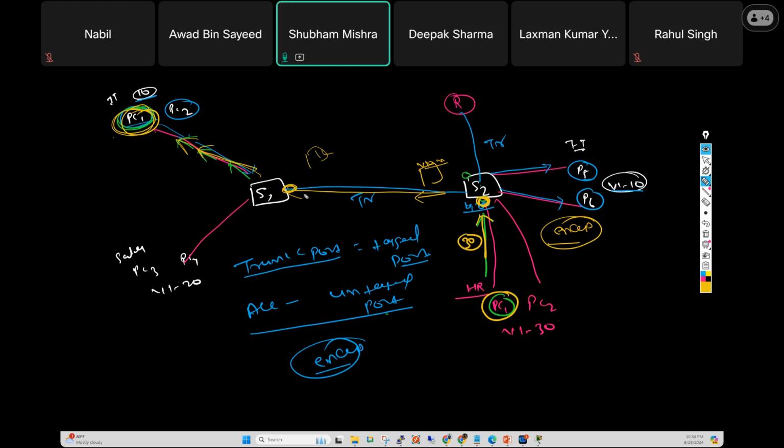So here decapsulation is happening. Encapsulation here, decapsulation here. So encapsulation and decapsulation happen because of the trunking protocol called 802.1Q. Are you clear, everyone?